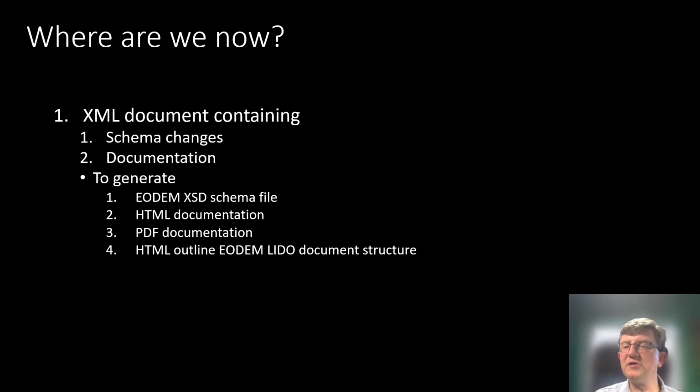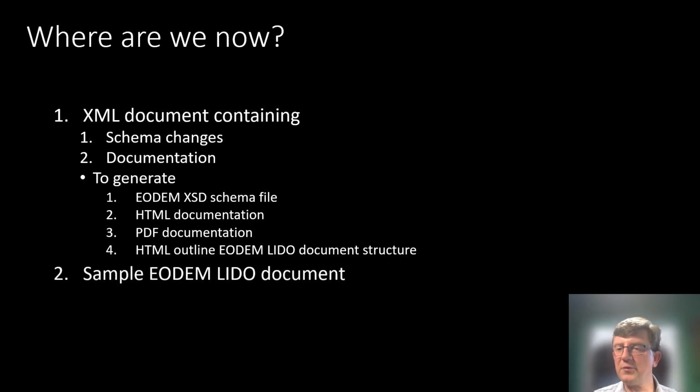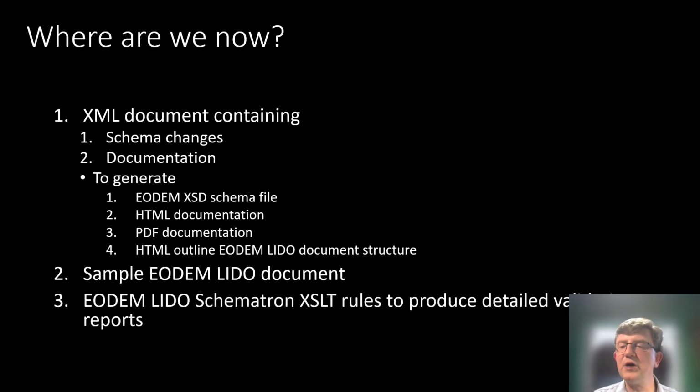It also produces an HTML outline of an EODEM document structure, which helps developers construct documents for export. We also have a sample EODEM document with real-world examples, and we're developing an XSLT file embodying a set of schematron rules to provide richer validation and more useful failure messages.